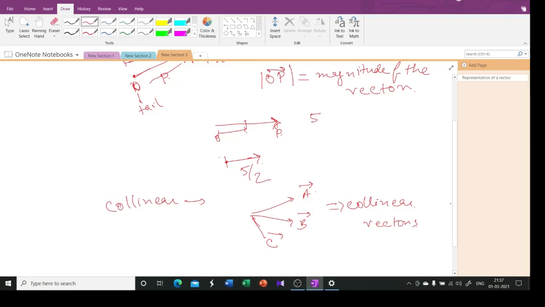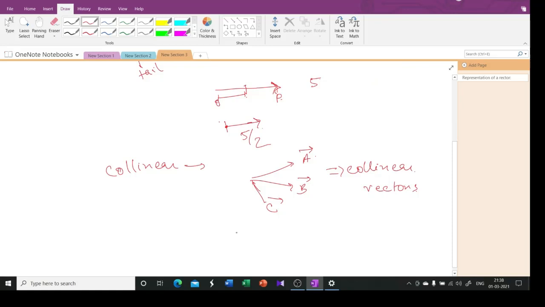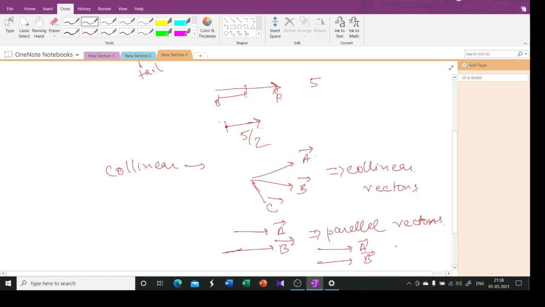And then there are parallel vectors. Suppose A and B are parallel, of any magnitude. If they are pointing in the same direction, they are known as parallel vectors. Now if these parallel vectors also have equal length, like A and B, we would simply say that these two vectors are equal, so they are equal vectors.